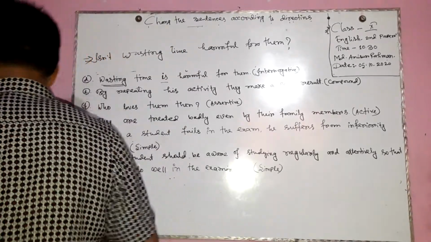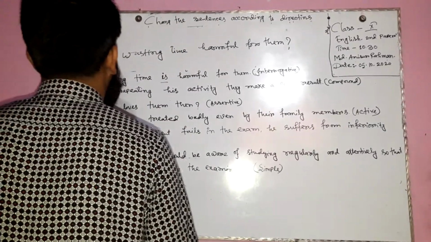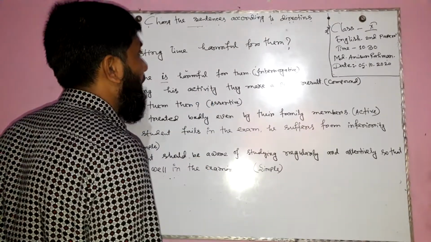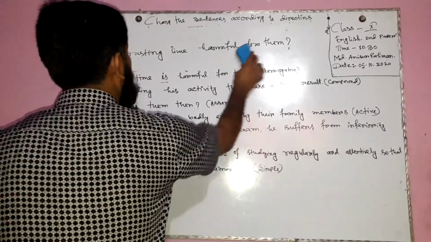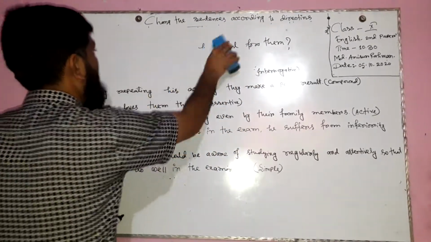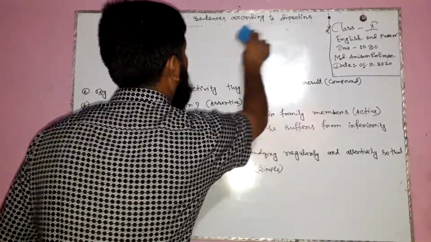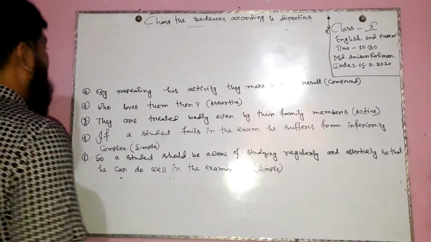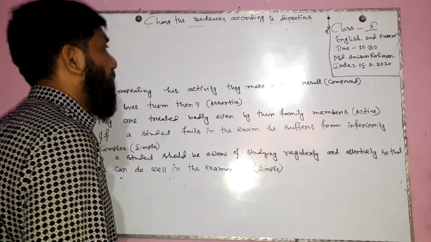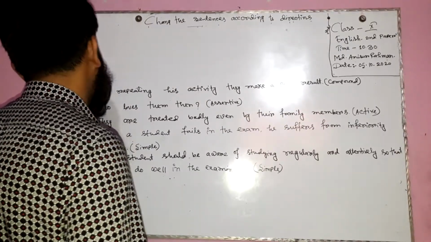Now number E. By repeating his activity, they make a poor result. Number E. By repeating his activity, they make a poor result.